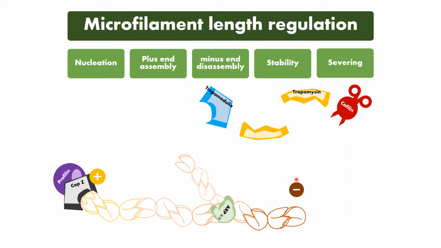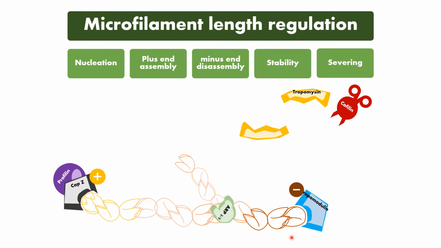We have also the minus end binding protein, which is the same, it will block the disassembly. So it will free out the plus end, which will mean that the G actins will bind, and the filament will be longer here.